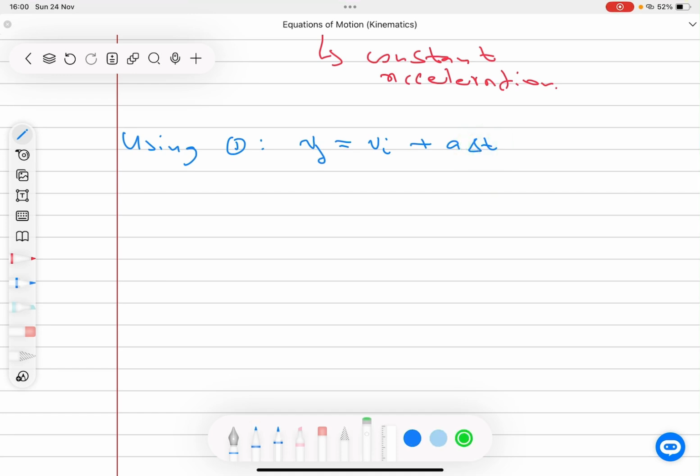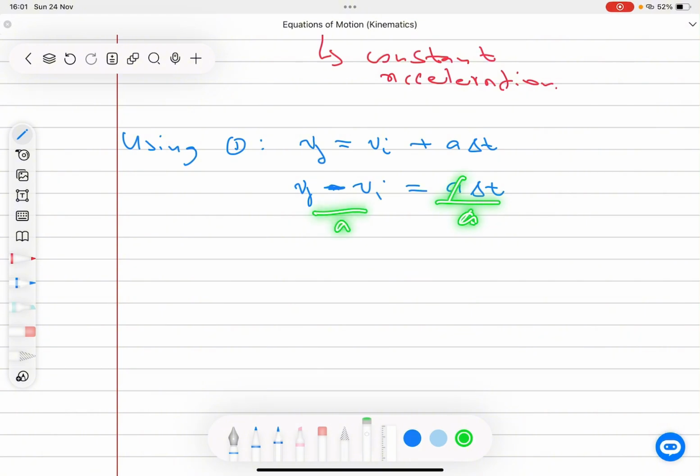Now here I'm going to make time subject of the formula because I want to eliminate time. So this means here that I'll have final velocity minus initial velocity. I'm taking this to the side. It will be negative when I transpose that. So that I'm left here with a times change in time. Now if I divide both sides by the a and the a here, it will cancel.